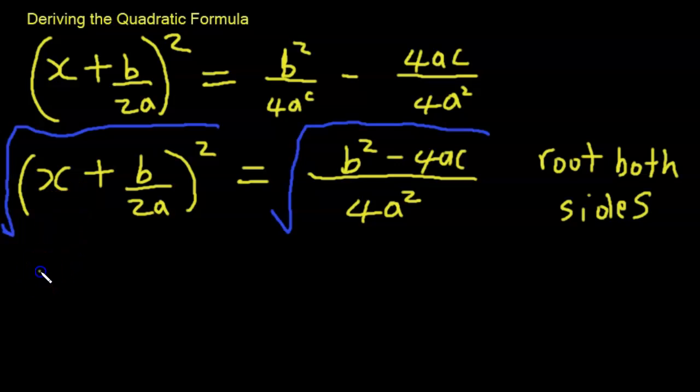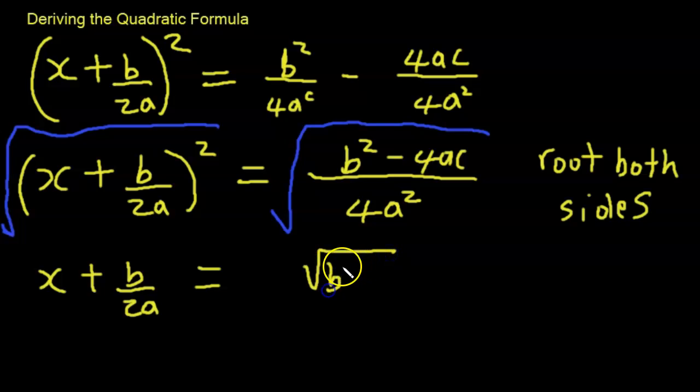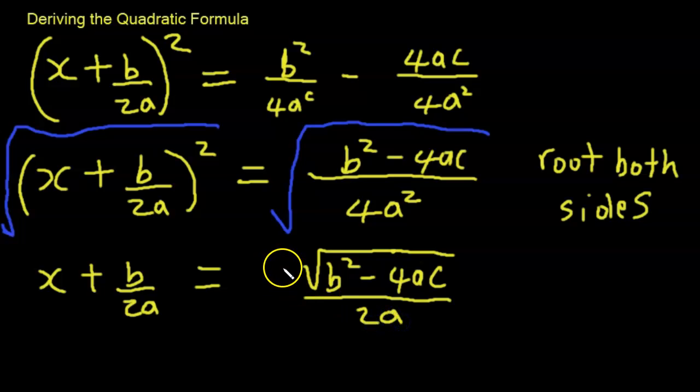So this now becomes just x plus b over 2a. And here, you're rooting a fraction. So you root the numerator. And you also take the square root for the denominator. So it's the square root of 4a squared, 2a. And of course, it's plus or minus since we're taking roots.